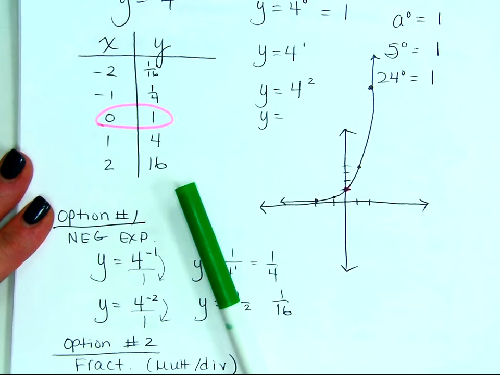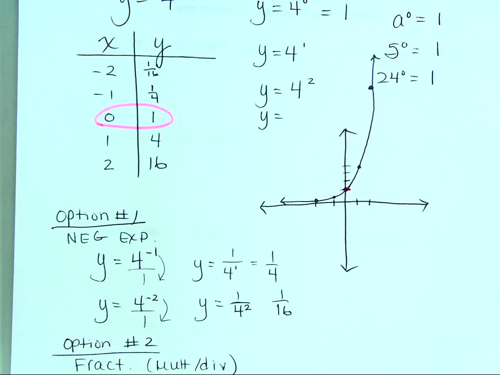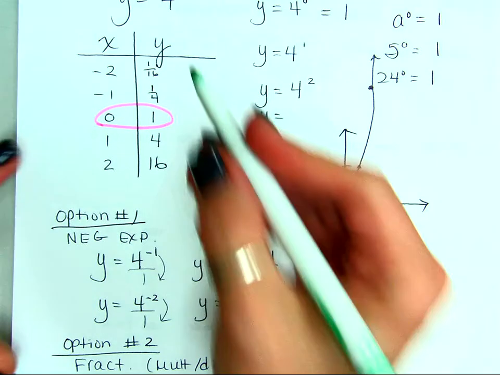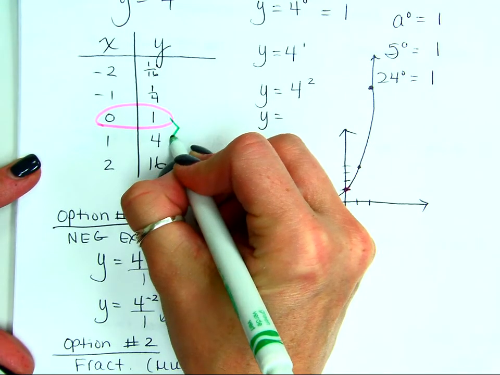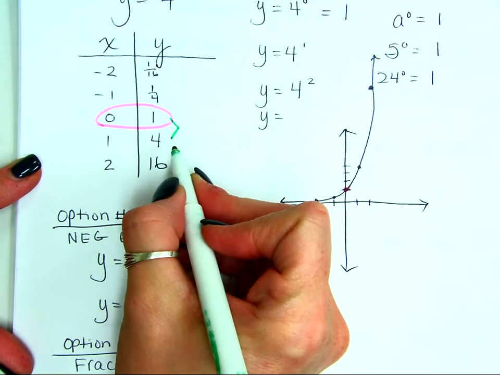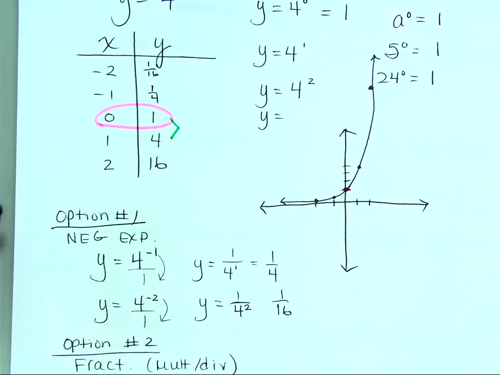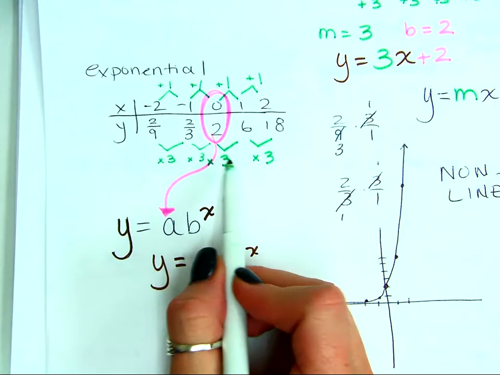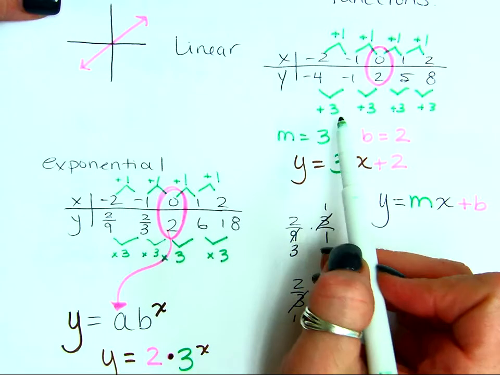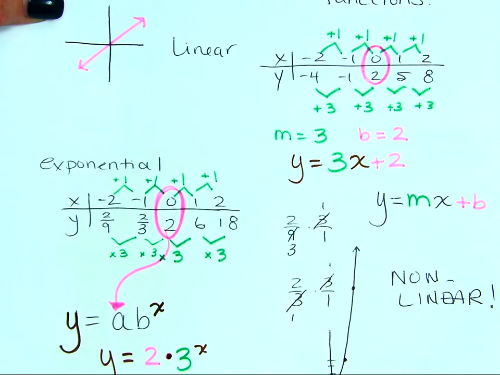I'm going to use my green because that's kind of my rate of change. Even though it's not constant, it's still changing exponentially. So you remember this pattern from one of those videos that I showed you. If it's linear, remember it goes +3, +3, +3.